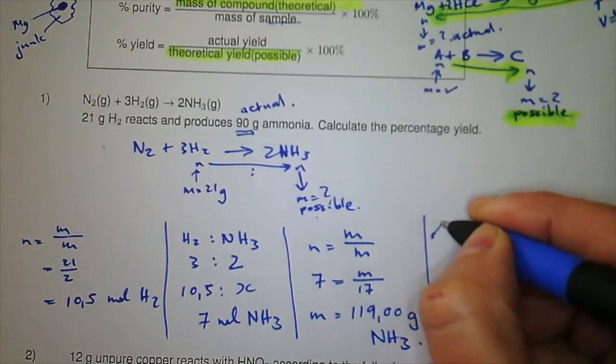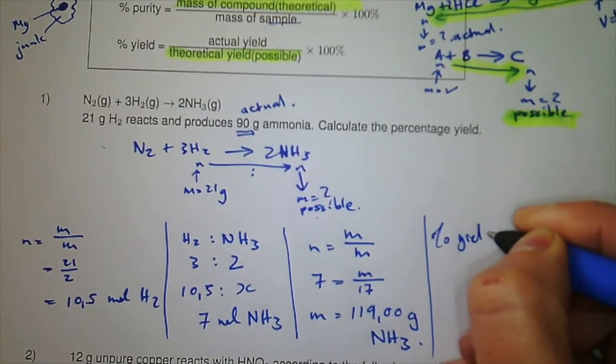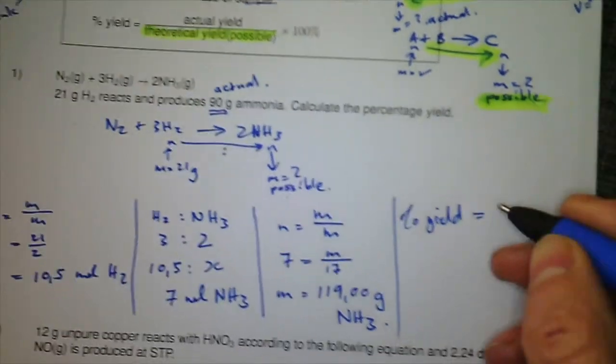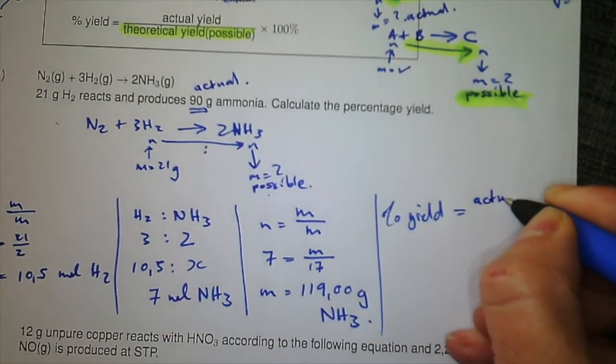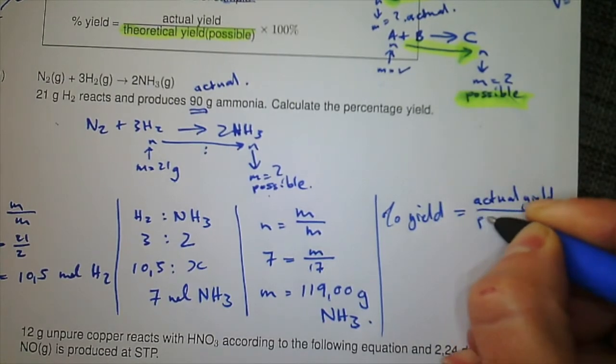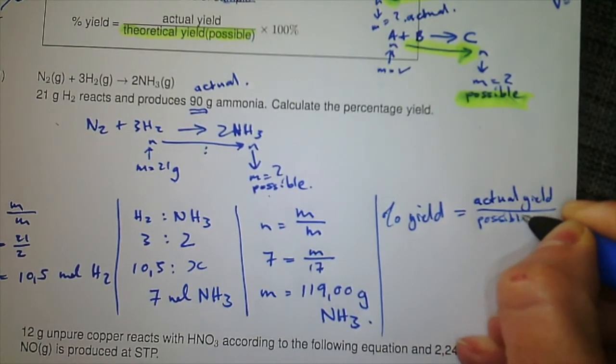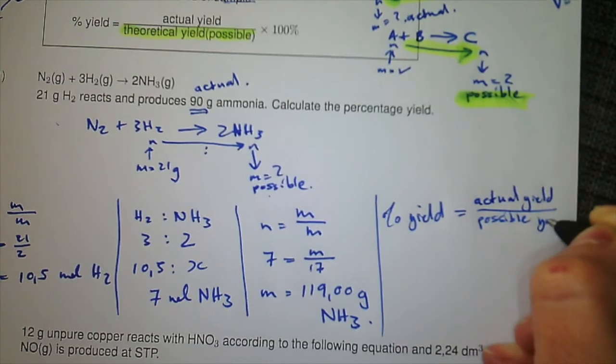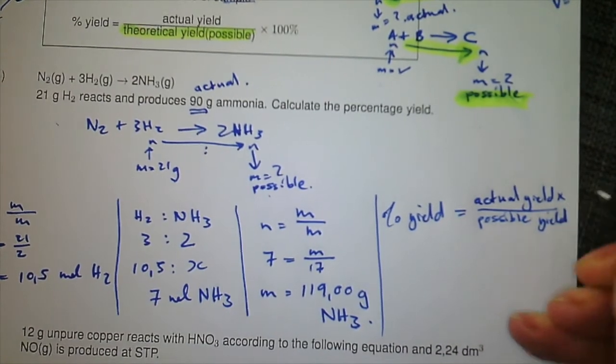So now for the percentage yield, you have the actual yield divided by the possible yield, and that is times 100.